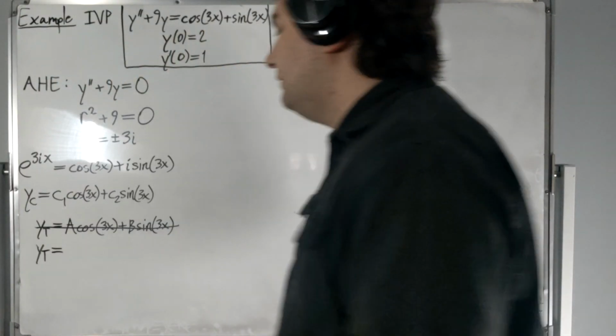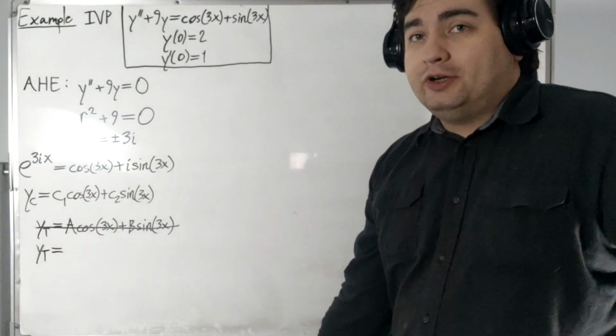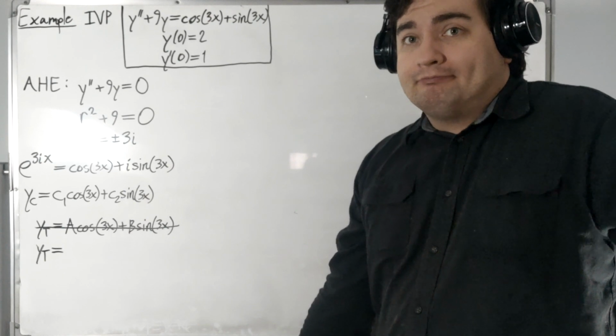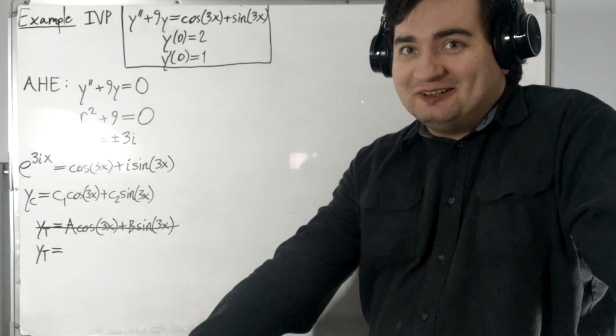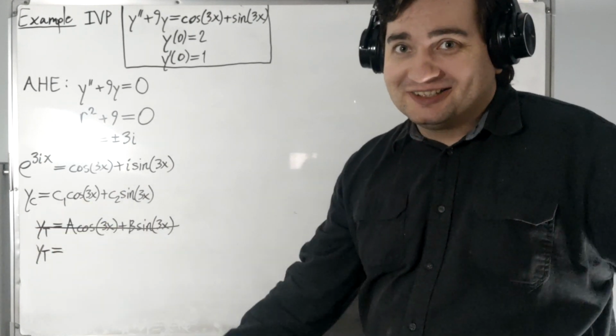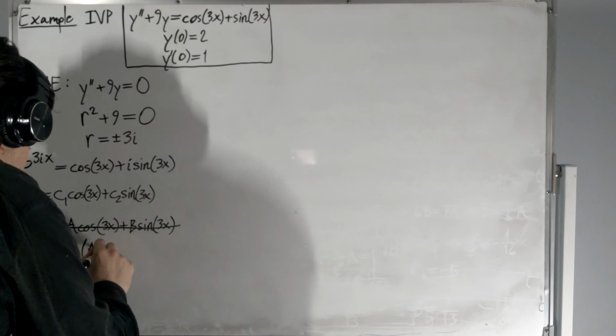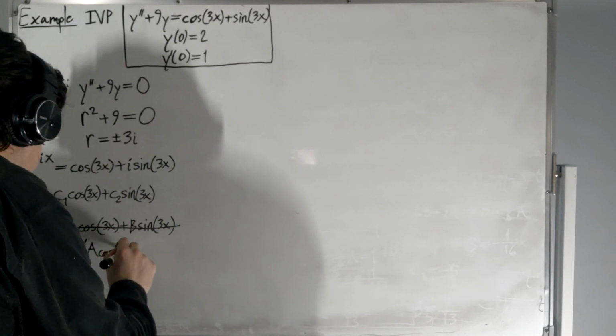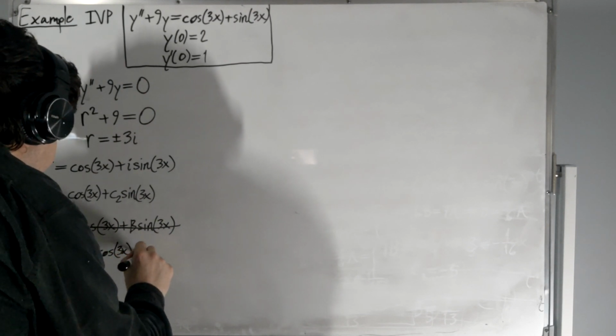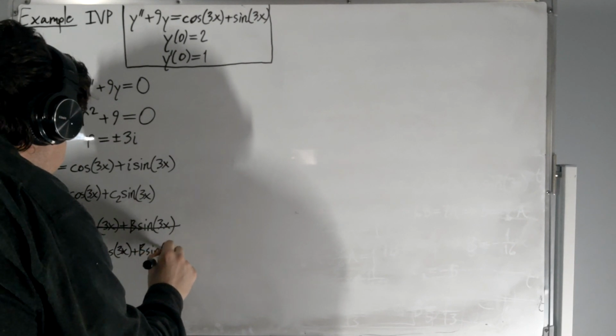The new guess we create by multiplying the previous guess by x. That's always how we refine the guess. We just multiply it by x. Okay, so x times a cosine of 3x plus b sine of 3x.